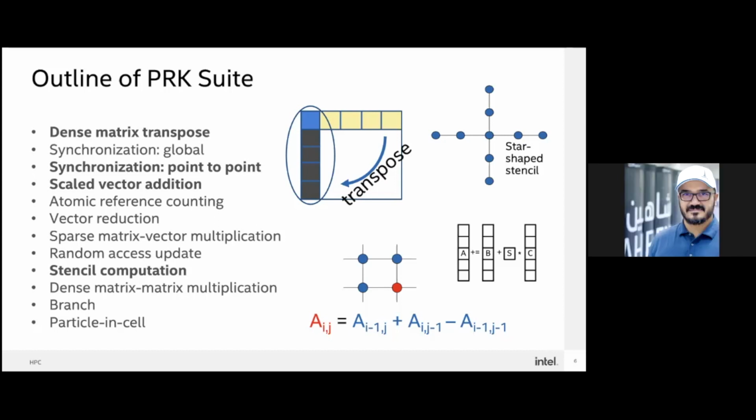Jeff, one workload that I think may be missing in your current suite is a workload that would do mixed precision, right? Some sort of mixed precision in one of the kernels. It could be, for instance, a simple dense matrix vector multiplication, which is a critical operation for computational astronomy.